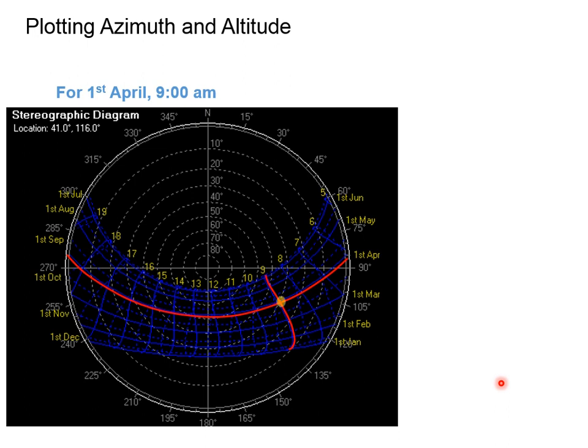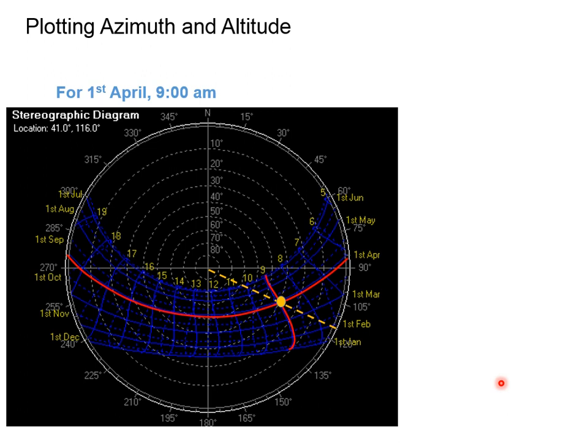Then we are going to plot the sun. The sun is going to be there at 9 AM at this corner. We have to understand the altitude of the sun and how much it has moved from the north or the east. So we project a line like this. It is touching almost 115 degrees, which is the azimuth angle.